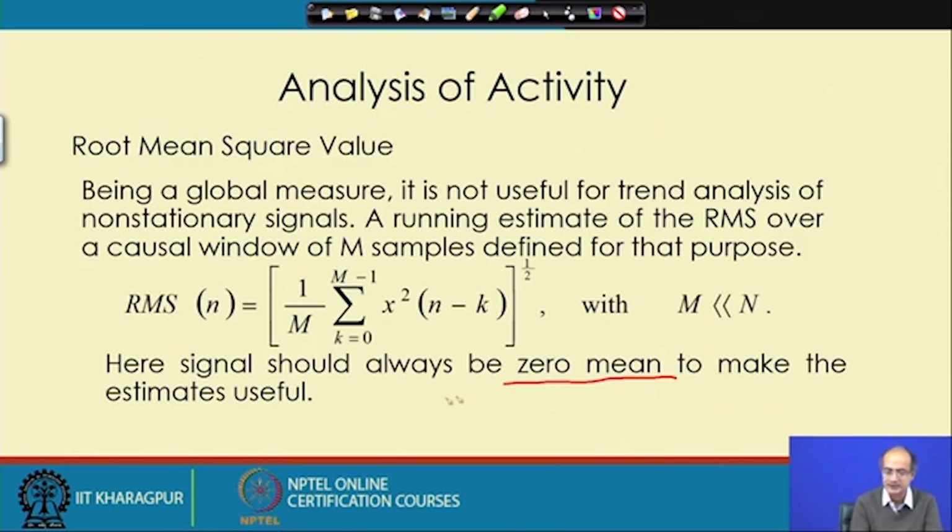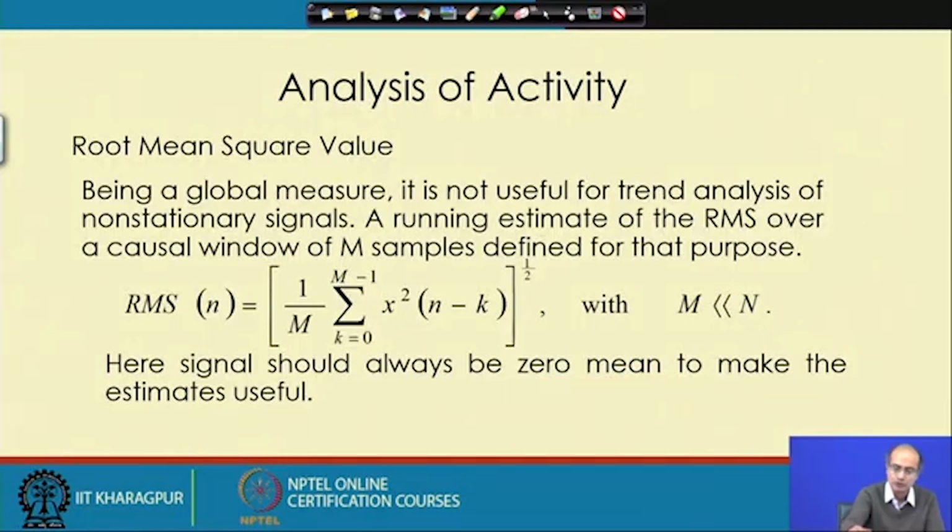A DC bias, if present, gives a false notion that energy is present all the time, but that is not what we are looking at. We are rather interested in the variation in the energy. So, the signal should be 0 mean in this case to make the RMS estimate a useful quantity.